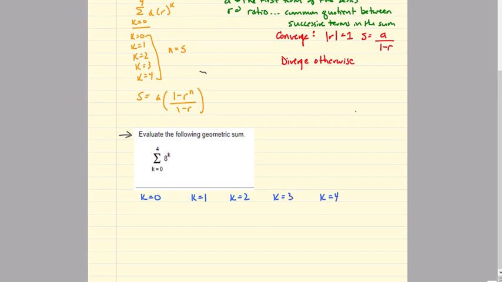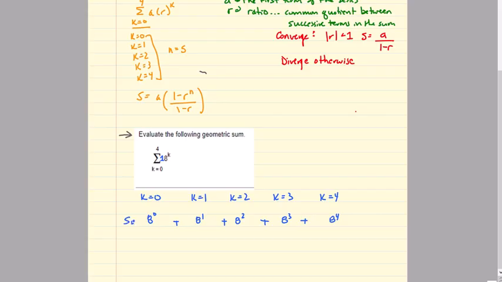If I plug in k equals 0, I get 8 to the 0. My a in this case is an implied 1. If I plug in k equals 1, I get 8 to the first. K equals 2 is 8 squared, 8 to the third, and 8 to the fourth. And then the summation sign means to add all of these up. So that's what this is.